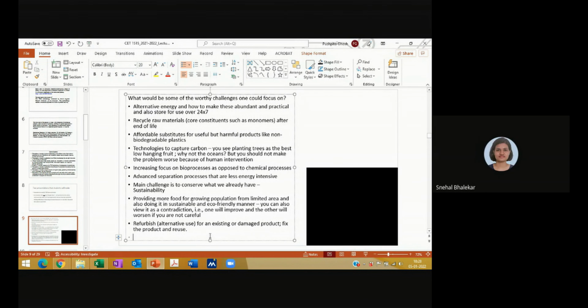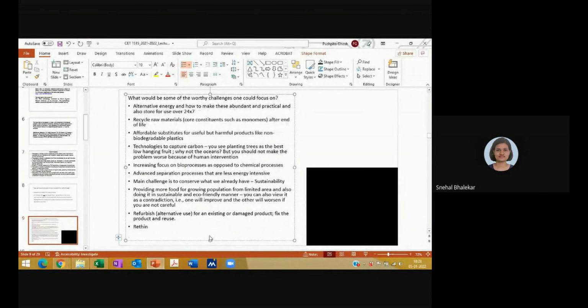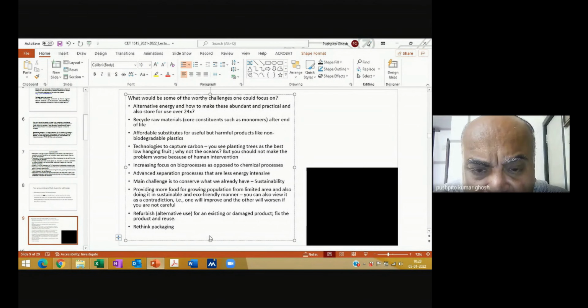So we have to rethink packaging. Like for example, the cosmetic industry itself produces so much plastic waste containers that go into the dump. Absolutely. Rethink packaging. All packaging should be biodegradable. And also, we should rethink whether you need so much packaging. Maybe we need to go back to our old ways, when you went to the grocery shop and the guy gave you 1 kg of chawal in your own bag.